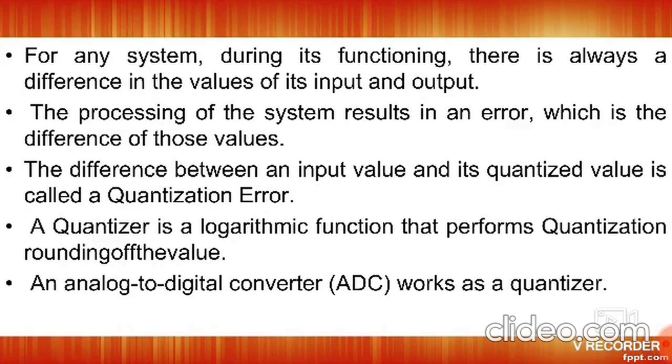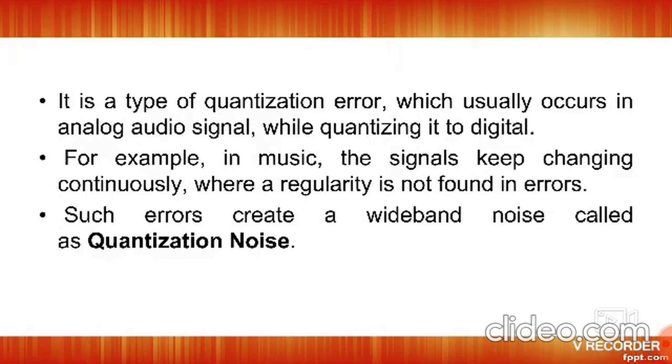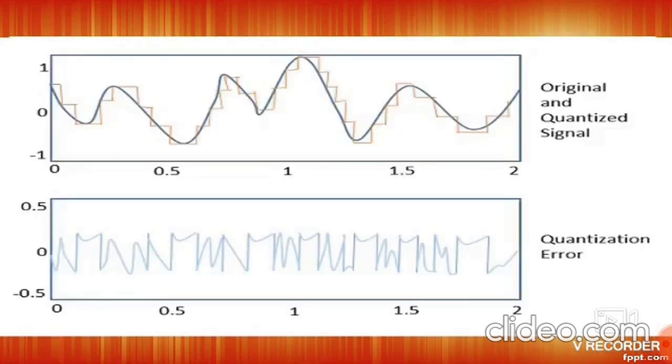The continuous amplitude of the analog signal is discretized after quantization, so we get a signal discretized in both time and amplitude. Because of the rounding process happening inside the quantizer, some noise occurs, called quantization noise. This noise can be reduced by varying the step size.